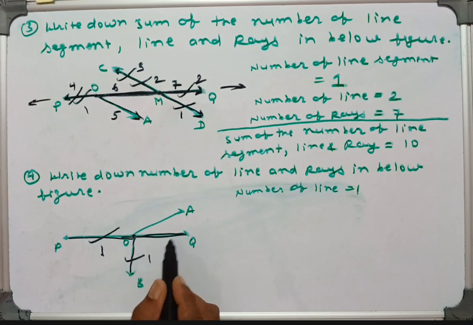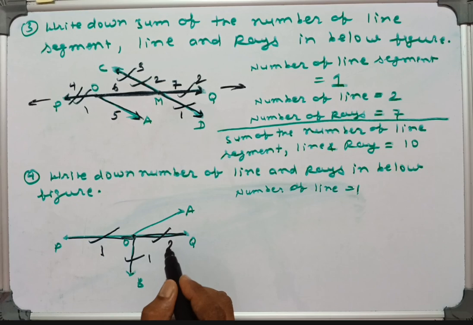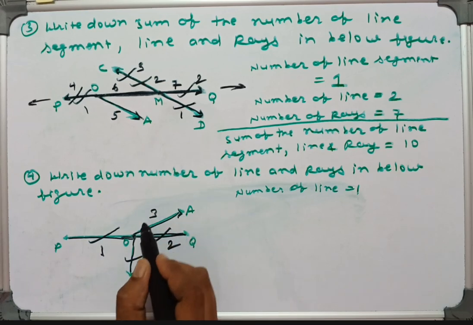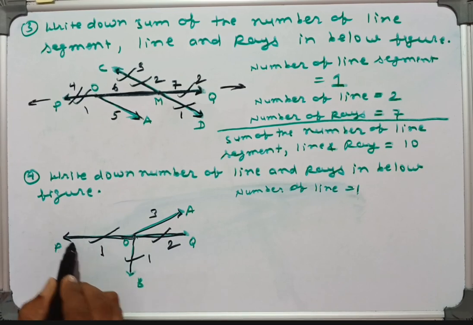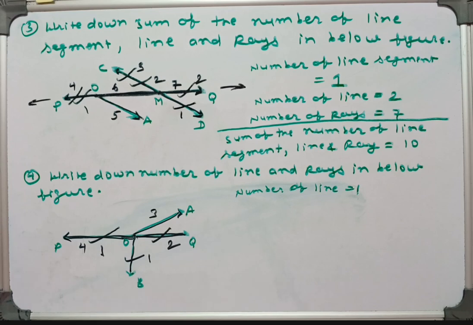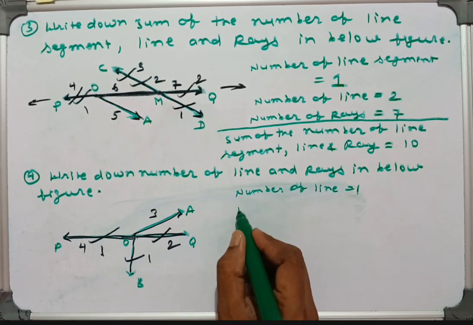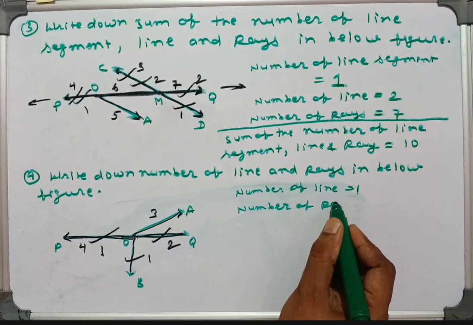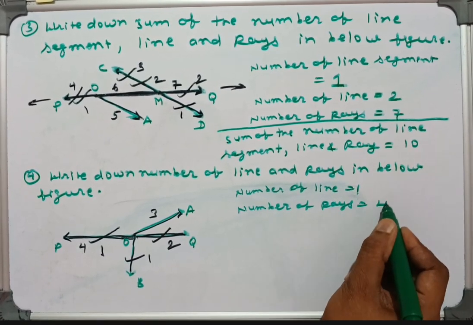Now OQ is an example of a ray, second one. OA is also an example of a ray, third one. Now OP is an example of a ray, fourth one. Now our answer is number of rays equal to 4 here.